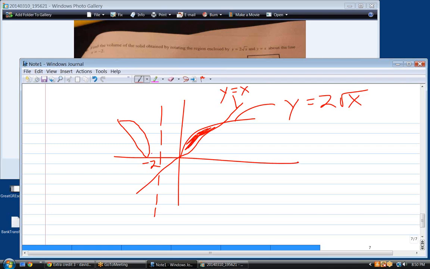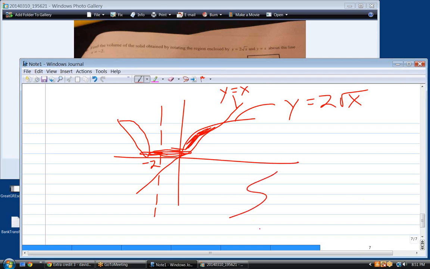And we are going to make it up with washers with holes in them right there. Since the washer is perpendicular to the y-axis, the skinny part is dy.